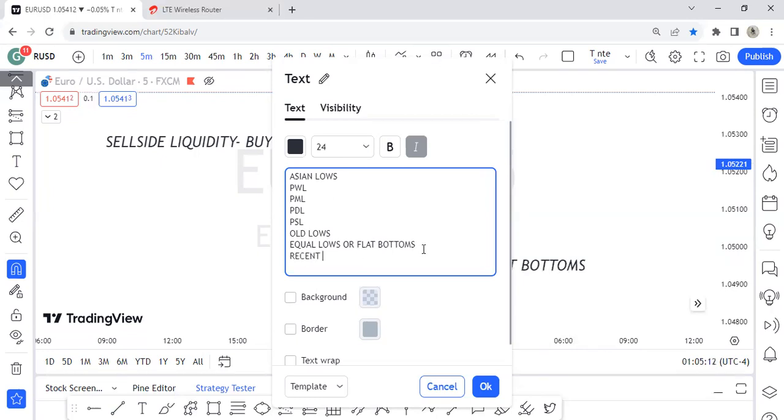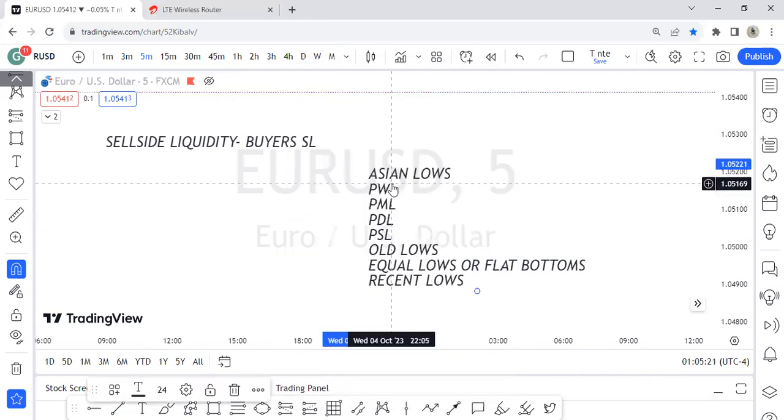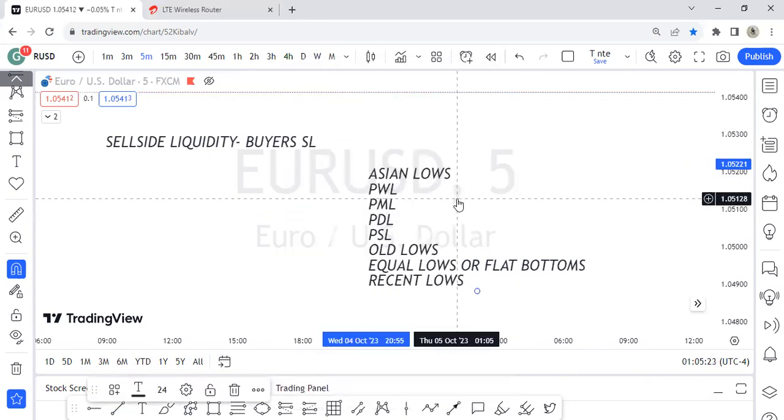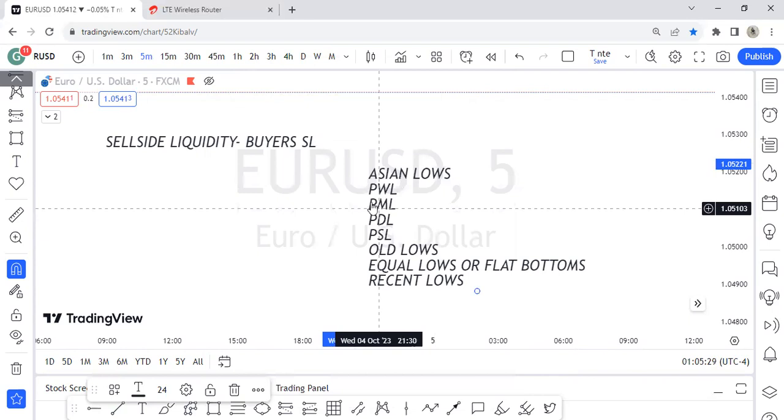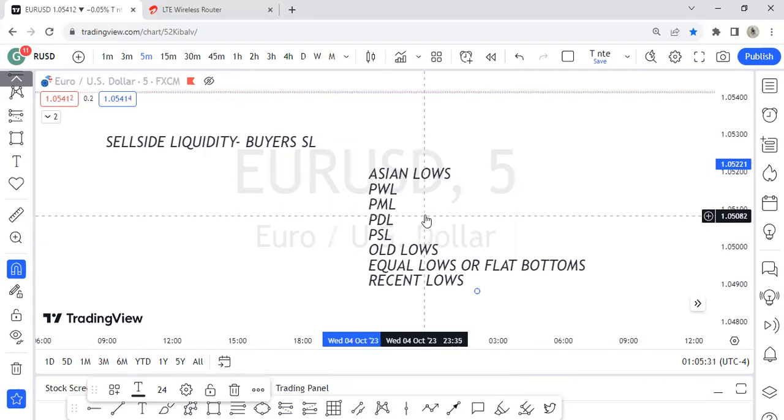I think these are all of them I can remember for now. Previous weekly low, previous session low, and so on. So you already know the drill. What I talked about yesterday is what we're talking about today as well. So Asian lows, previous weekly low, previous monthly low, previous daily low, previous session low, old lows, equal lows or flat bottoms, recent lows.